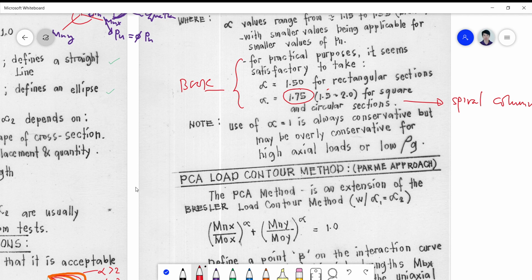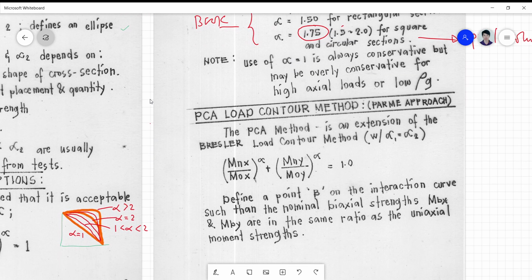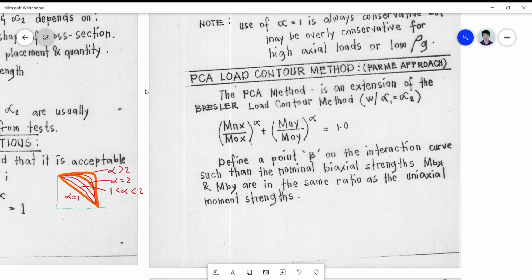Okay, so aside from Bresler, the Portland Cement Association, which is initiated by Parme, uses a different approach in terms of alpha.